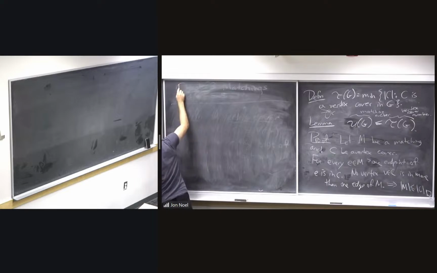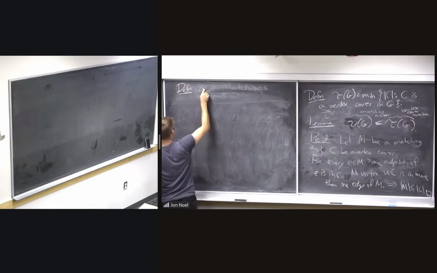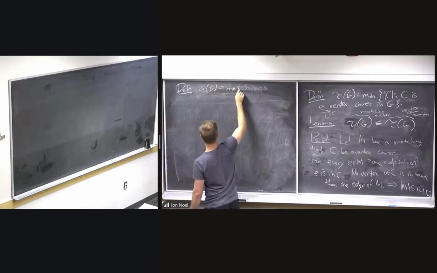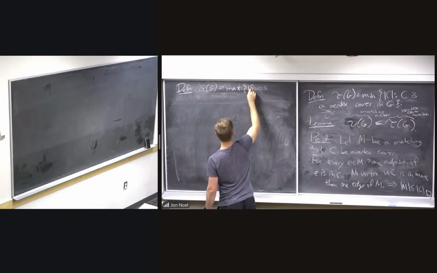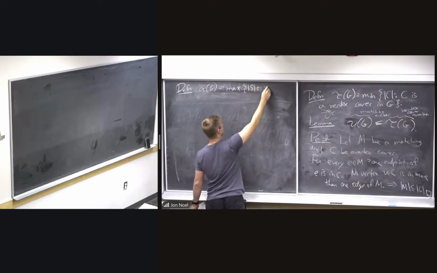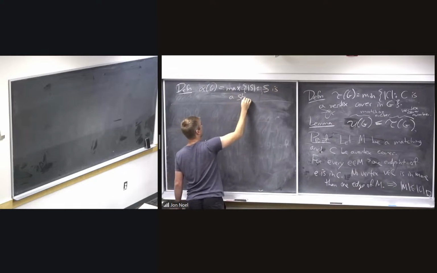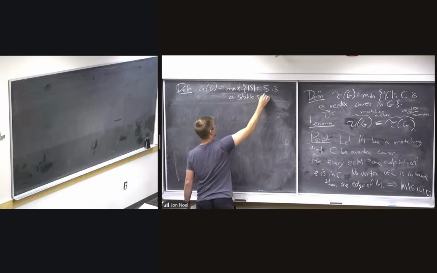Let's say alpha of G is the maximum cardinality of a stable set, so it's the biggest S such that S is a stable set in G.